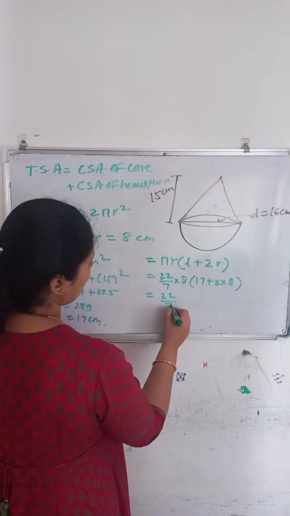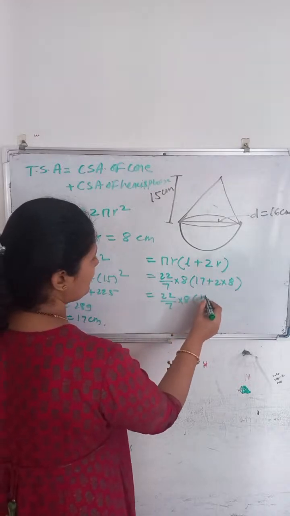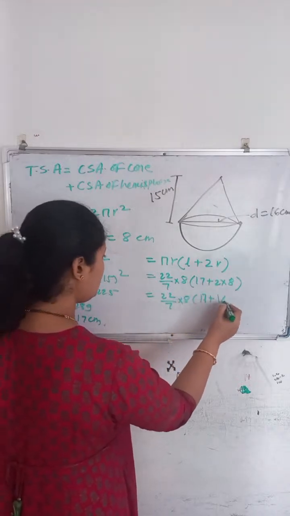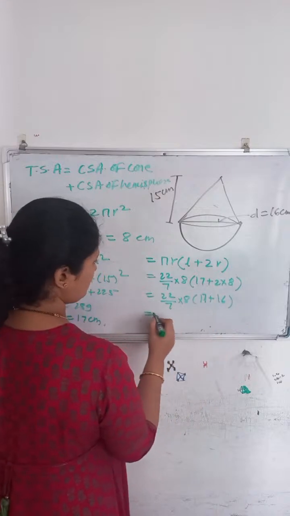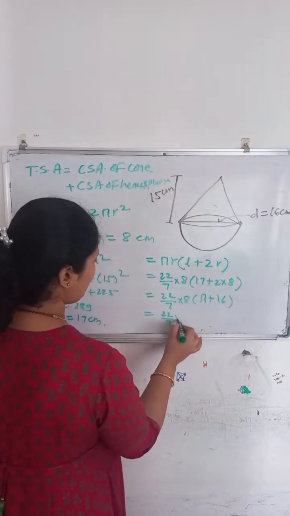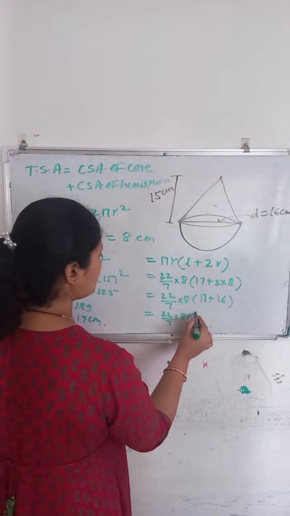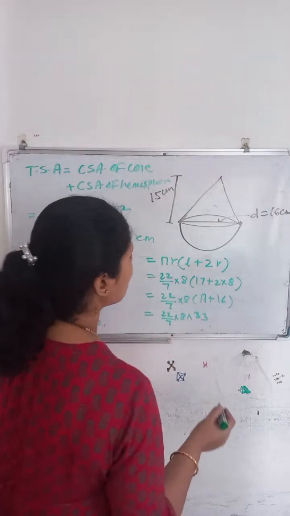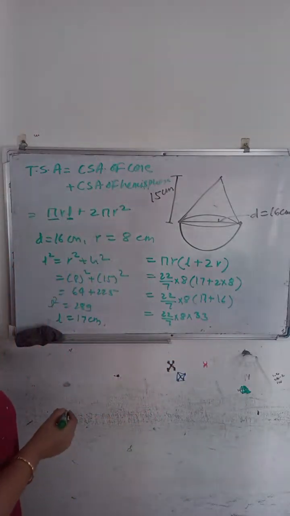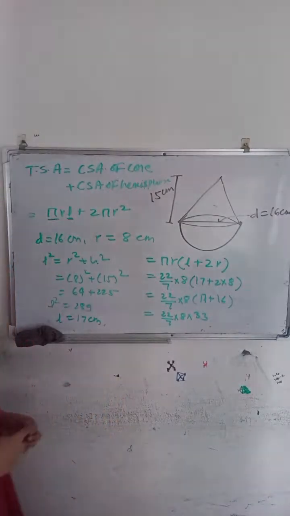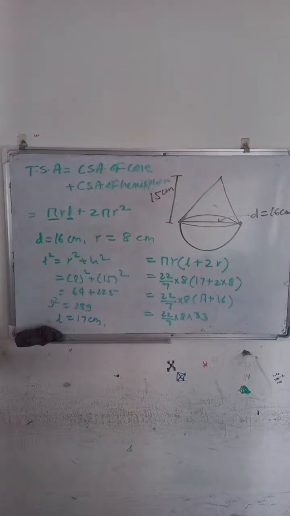So 22 by 7 into 8, 17 plus 16, that is 22 by 7 into 8 into 33. Now simplify this, do multiplication, and check the answer.